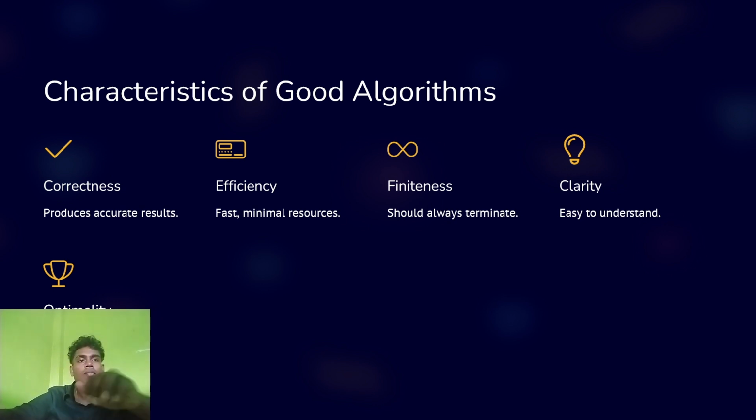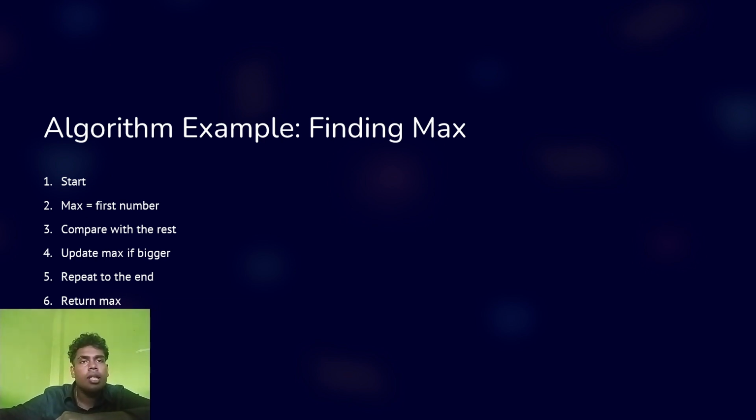Then we can discuss the example of finding the maximum number. Given a list of numbers, find the largest number. Normally we use this as the example for data structures and algorithms.